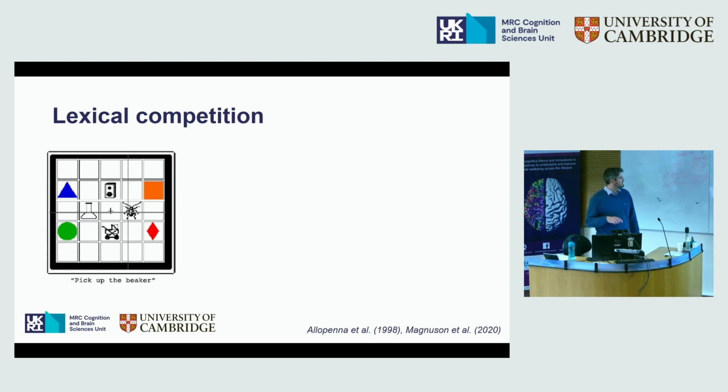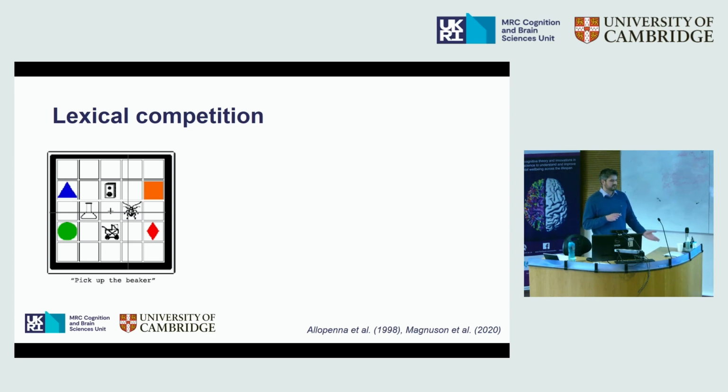In this task, humans were listening to simple sentences like "pick up the beaker," and they were looking at pictures like these. In the picture, they had the target word, the beaker. There was a competitor word, which is beetle, which starts the same but ends differently. There was a rhyme word, which is the speaker.